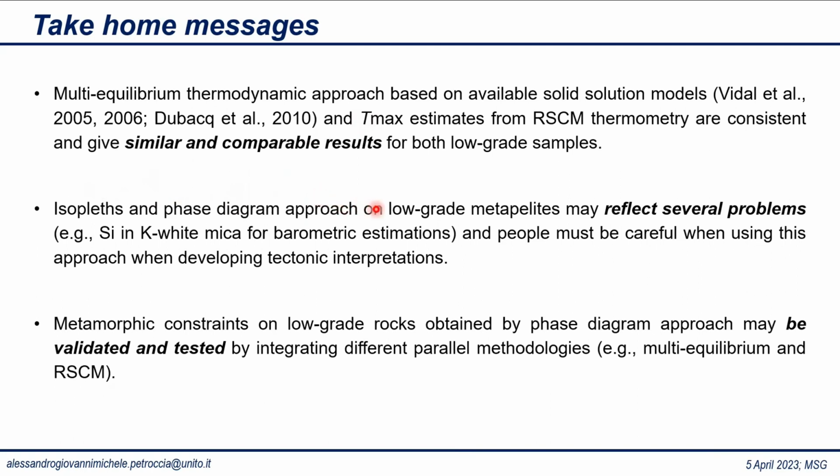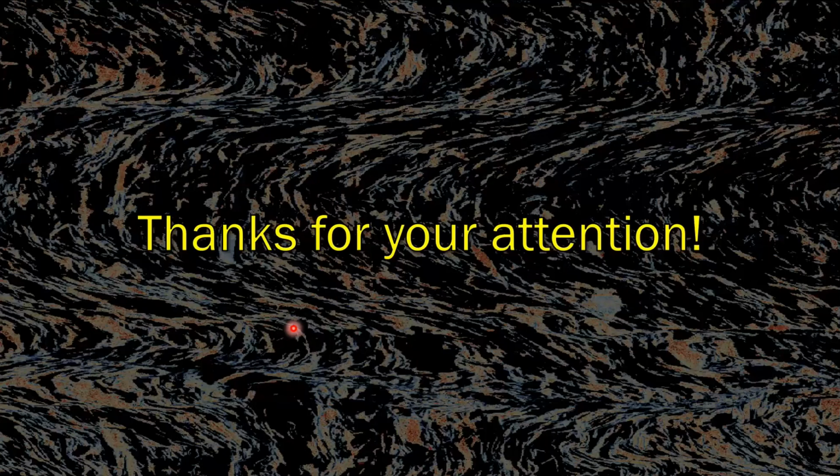People must be careful when using this approach, because most of the tectonic interpretations on low-grade metapelites using the phase diagram approach are based on the silica in white mica isopleth. It's important to say that we could maybe use an approach on low-grade metapelites, but it should be validated and tested by integrating different approaches, like Raman spectroscopy and multi-equilibrium, in order to compare different PT estimates. So thank you for your attention.